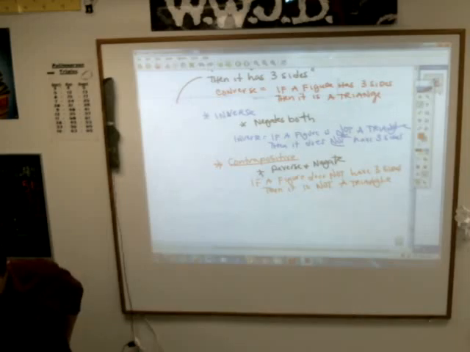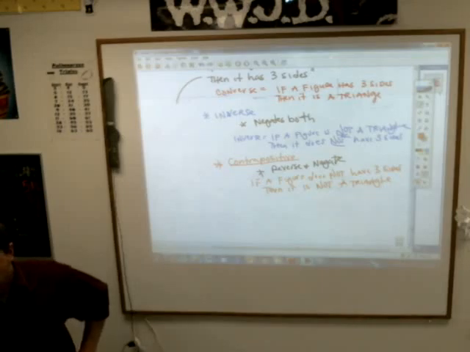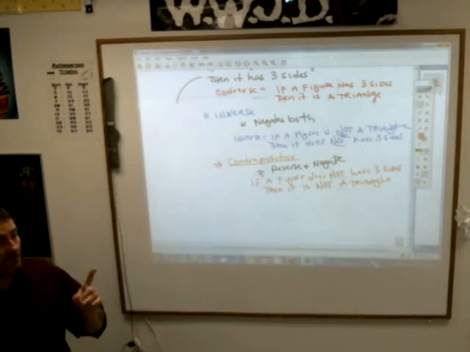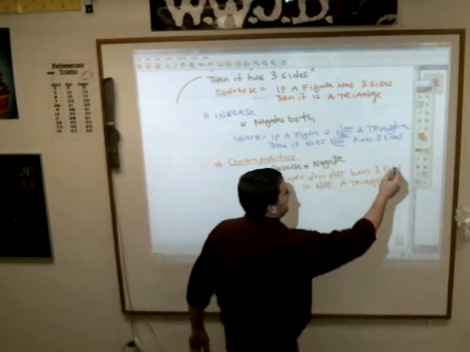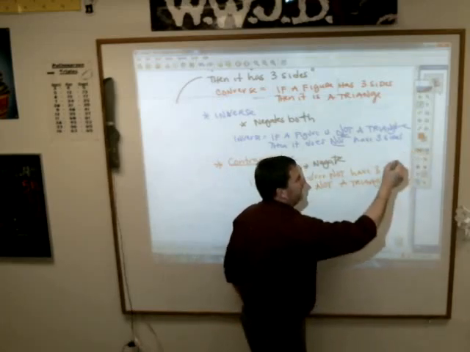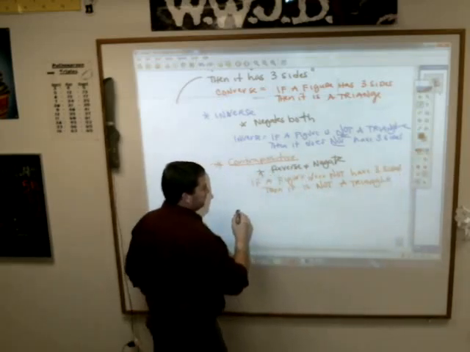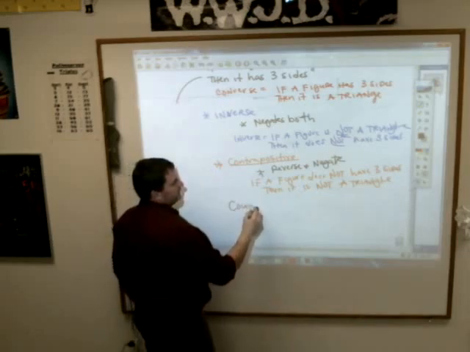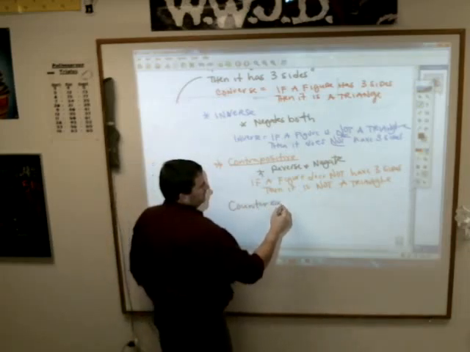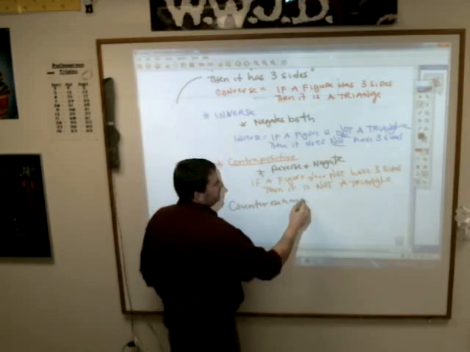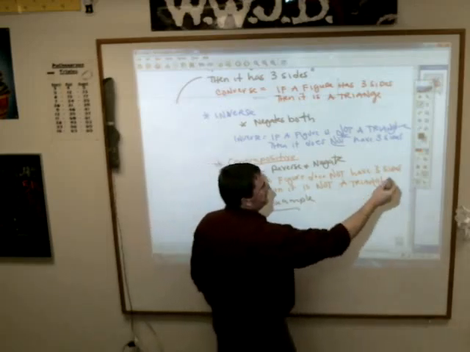Let me look at my answers for number 1. If a number is a multiple of 5, then it ends in 5. No, that would be false, because if you can give a counter example, and we've talked about that before, a counter example is an example that proves something false.